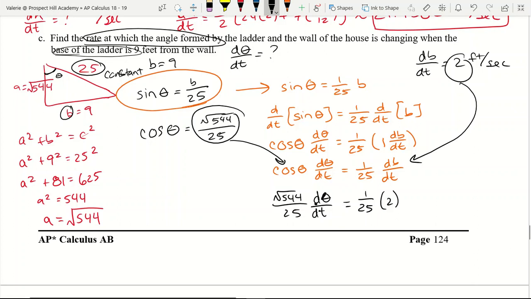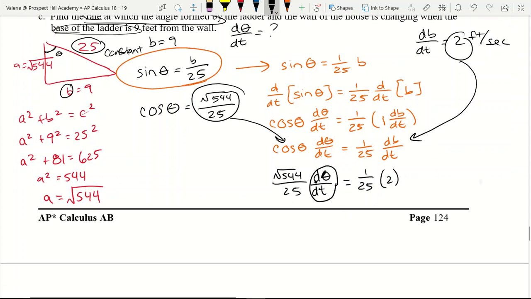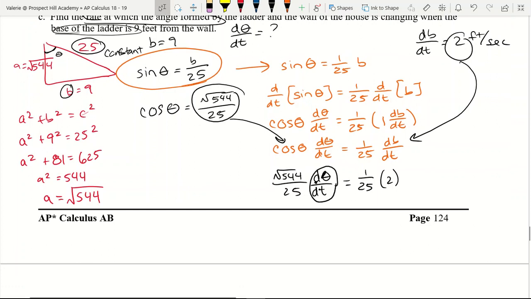And since we want d theta dt on its own, we're going to flip this. So d theta dt will equal 1 over 25 times 2, which is just 2 over 25.